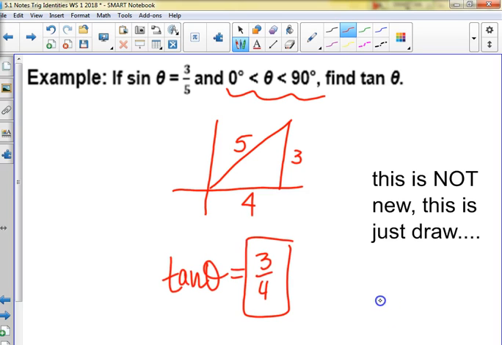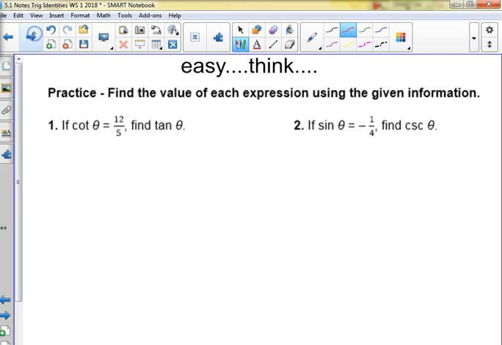Okay. They say you could find 1 minus sine squared, which would give you the cosine squared, and then you could square root, and then you could do sine over cosine to get the tangent. I don't want to use identities. I just want to draw. Okay. So, these are please don't even draw.